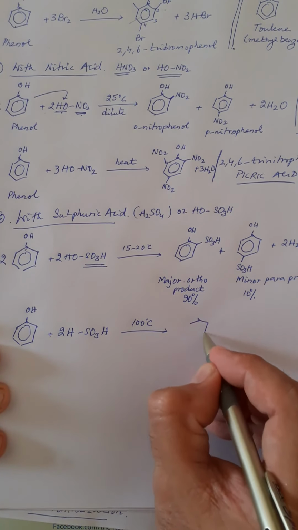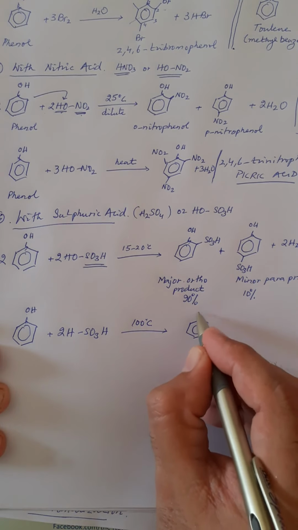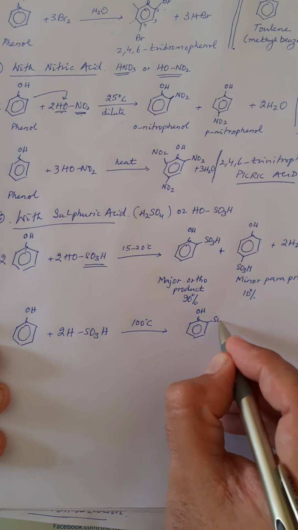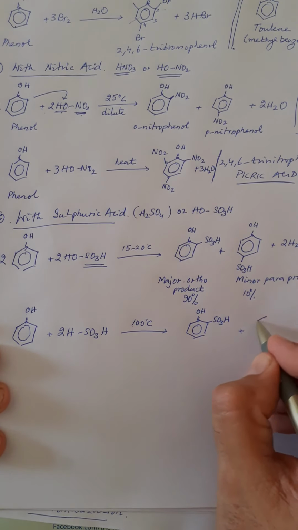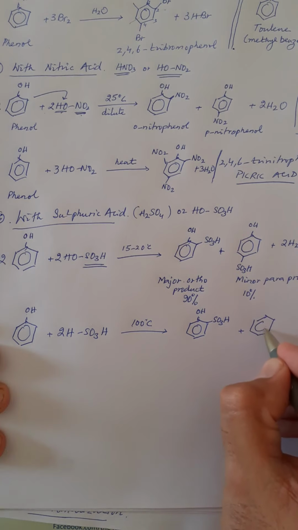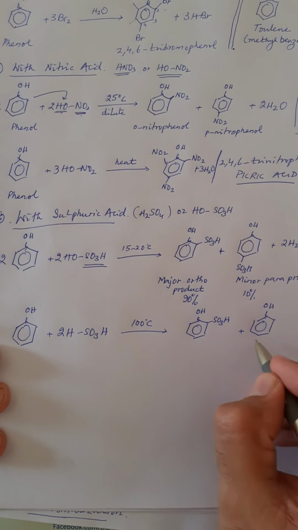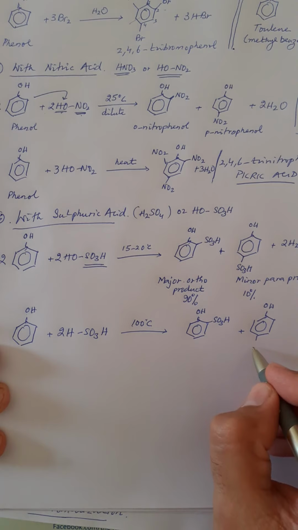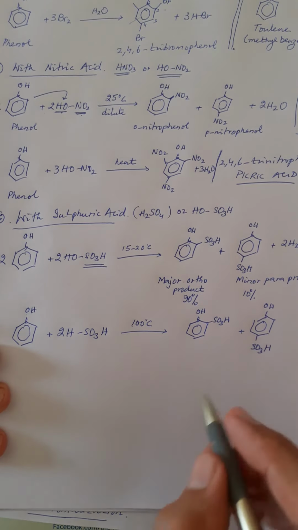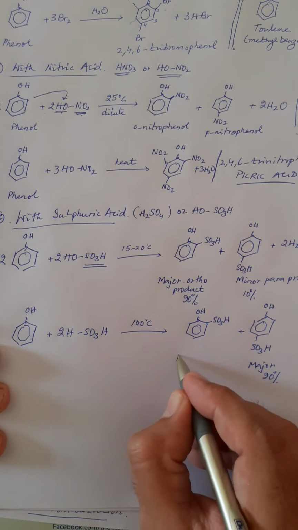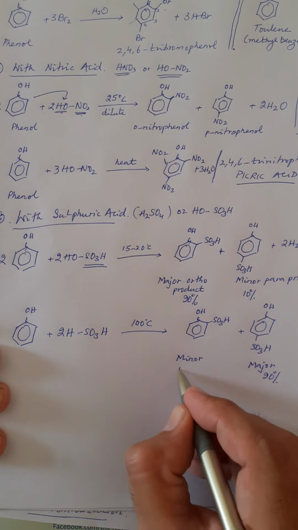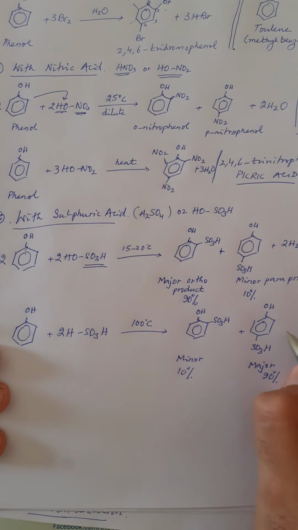You once again get two similar isomers, the ortho and the para. But this time, the difference is you have a major ratio of the para product. This is major, which means 90% of the product is the para one. And minor, the 10% product is the ortho one.